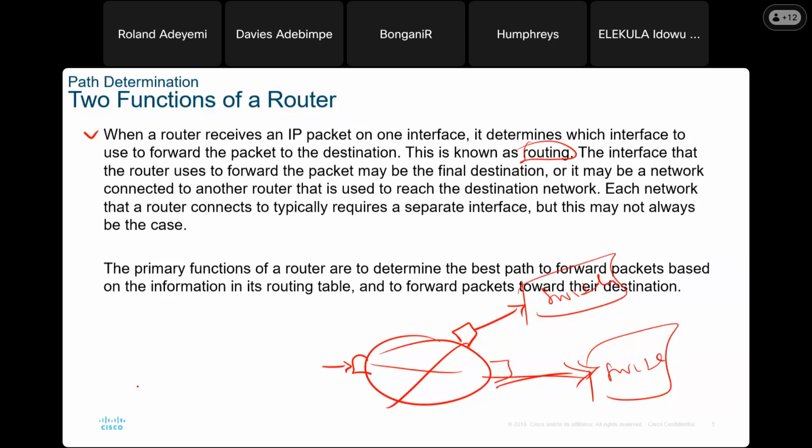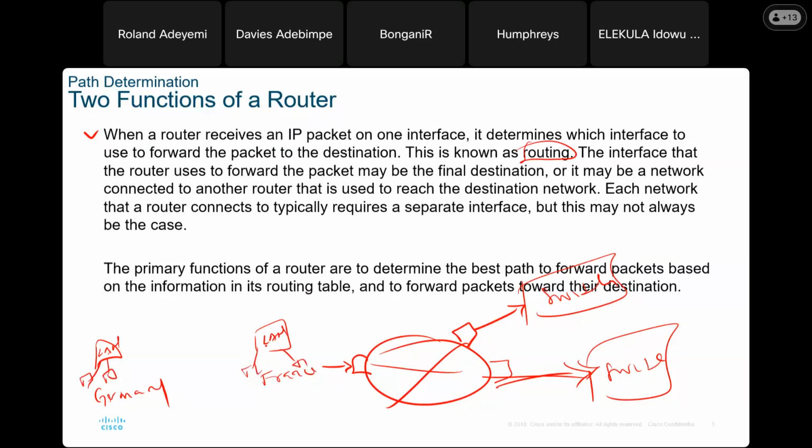What do I mean by that? Let's assume we have a LAN in Germany, another local area network in France. They belong to the same organization, but in different locations. So computers are here. This is my switch.